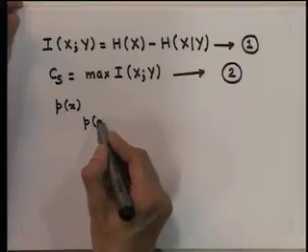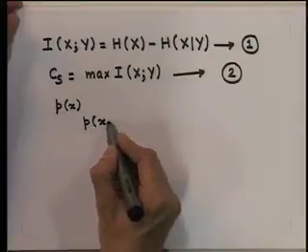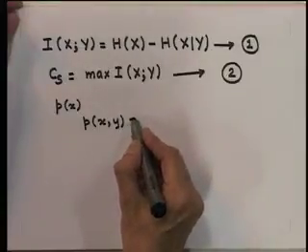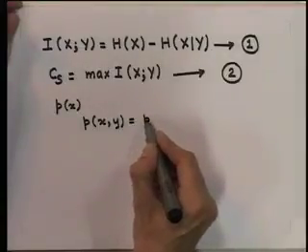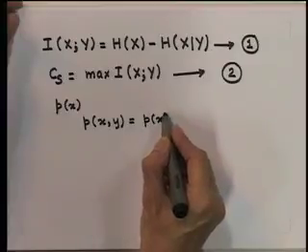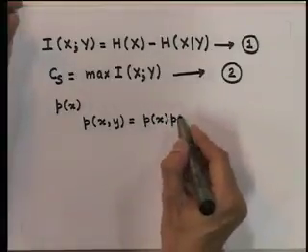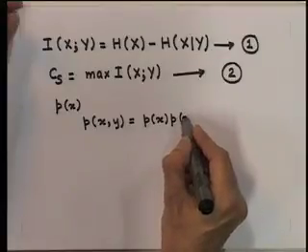Joint probability density P(x,y) is equal to probability density P(x) multiplied by conditional probability density P(y given x).